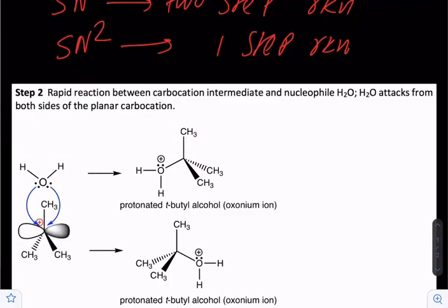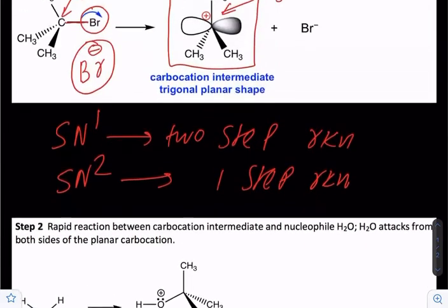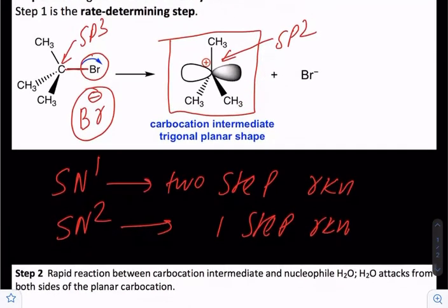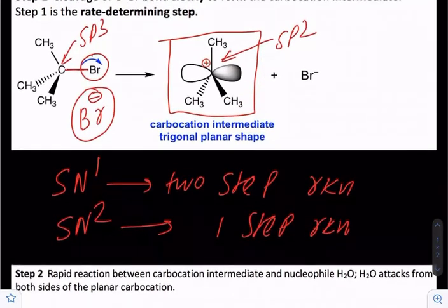One very important part about this SN1 mechanism is that the carbocation intermediate is trigonal planar. That means that the nucleophile can attack from either side.